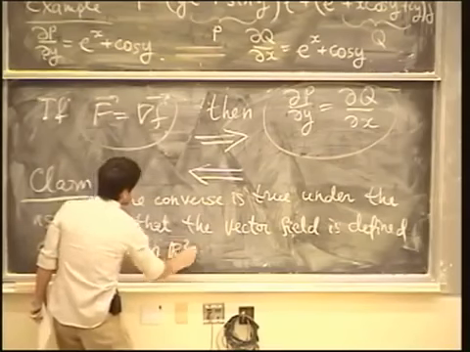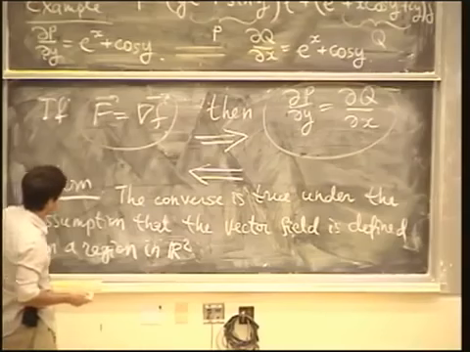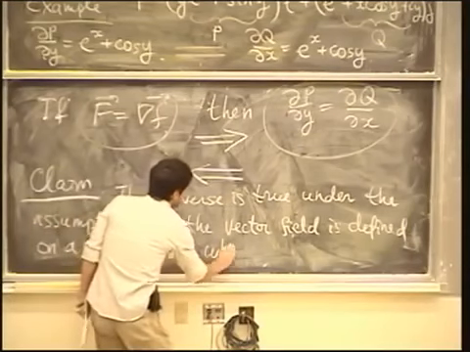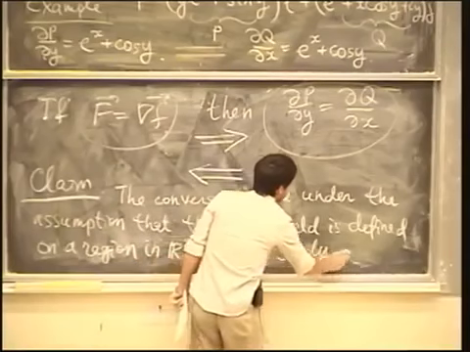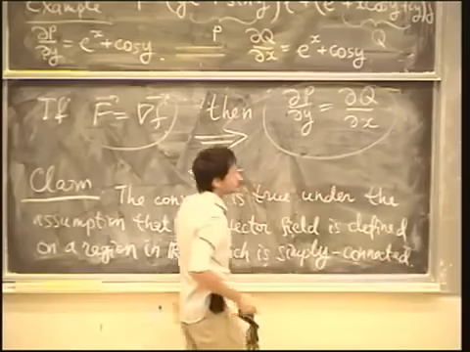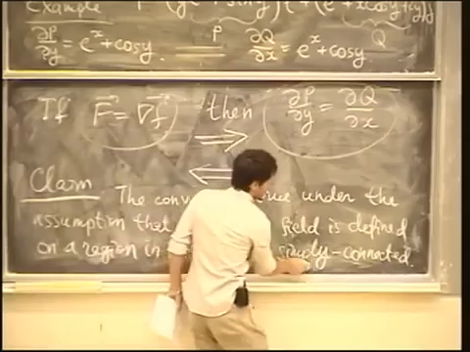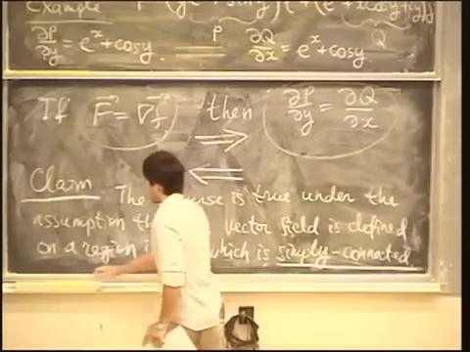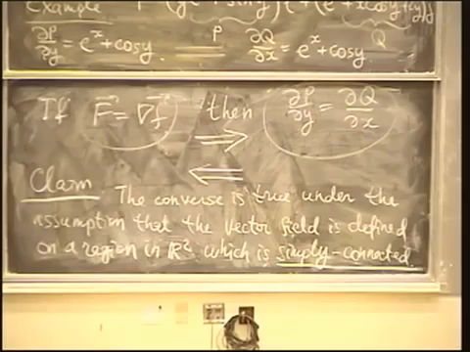When we're talking about vector fields, they are defined on the plane, right? So it's defined on a region in R2 which is simply connected. So I have to explain what simply connected means. Simply connected doesn't simply mean that it's connected. It's a different property.